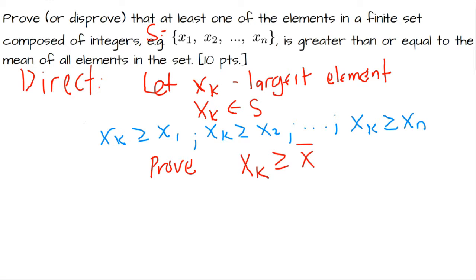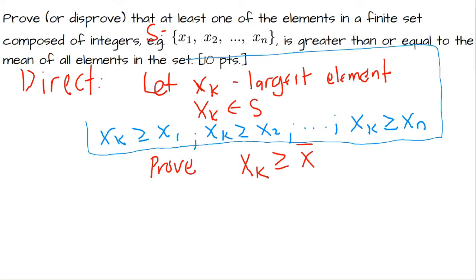Again, this is part of the assumption that x sub k is the largest, and then you have to prove that x sub k will be greater than or equal to your mean.